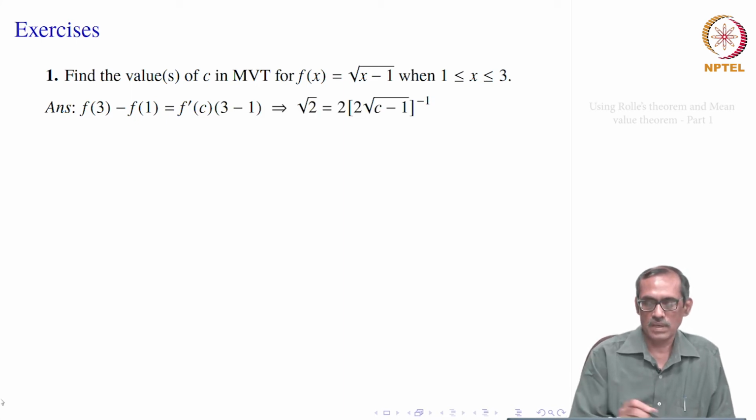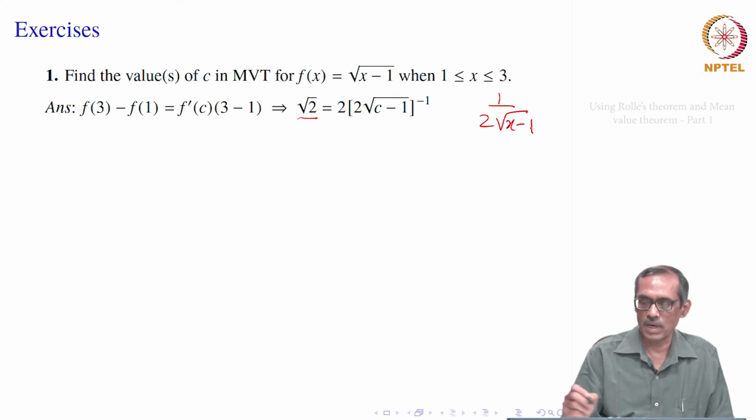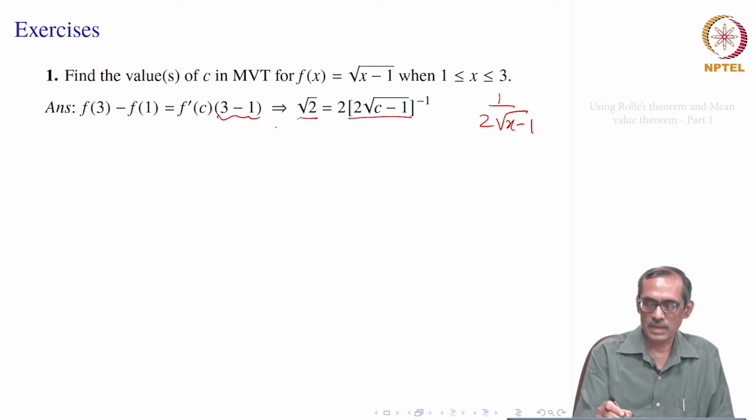So, we find out what happens: f of 3 minus f of 1, at 3 it takes the value root 2 and at 1 it takes the value 0. So, the left side is root 2 and on the right side we have to find out f prime. So, f prime is 1 divided by 2 square root of x minus 1. It is evaluated at c, that is 2 into c minus 1 to the power minus 1, and 3 minus 1 is equal to 2.